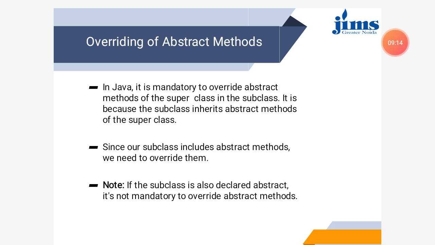Overriding of abstract method. What is overriding? Overriding is a concept of inheritance. When there is a method X in the superclass and the same name, same declaration of the method in the child class, then the child class method overrides the definition of the parent class.